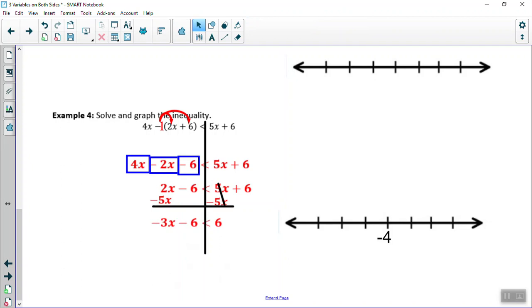I want to get this 6 over here with this one. So to do that, I'm going to add 6 to both sides. Cancels these out. And I'm left with negative 3x is going to be less than 12.